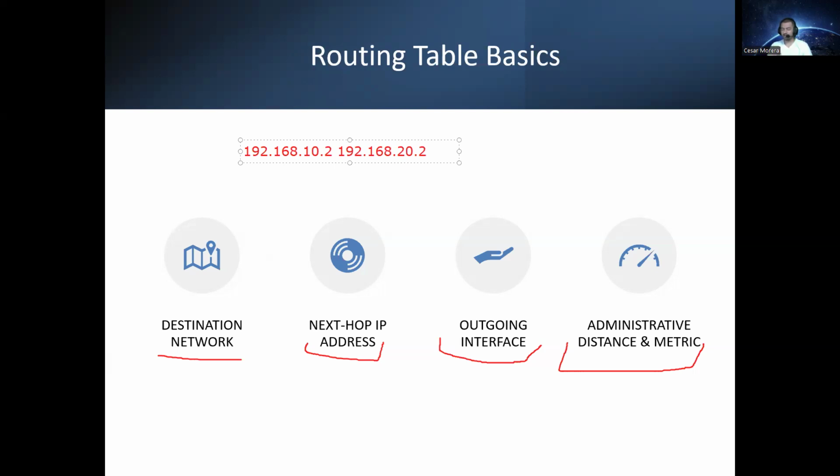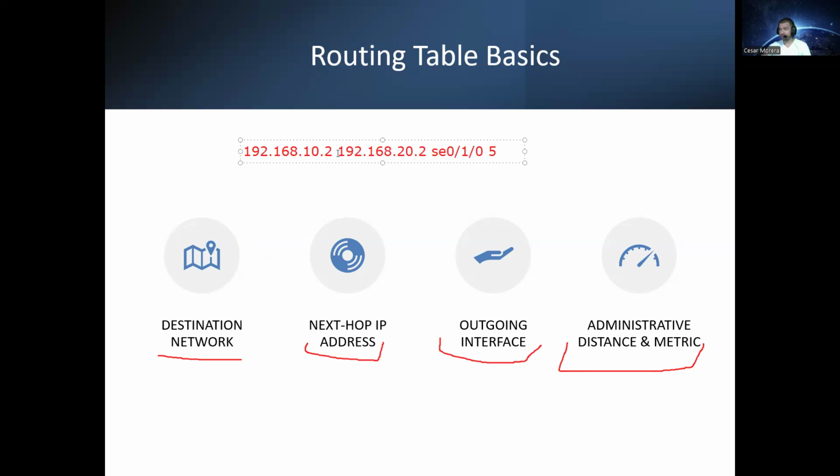And let's say our outgoing interface will be serial 0/1/0 with an administrative distance of 5. So this is an example of how it will look in real life. Maybe we will take a look at more examples later on.